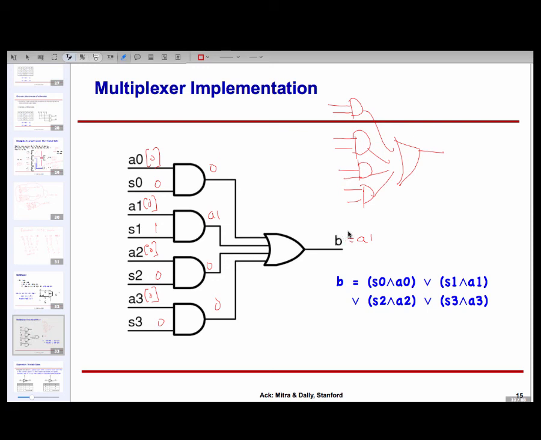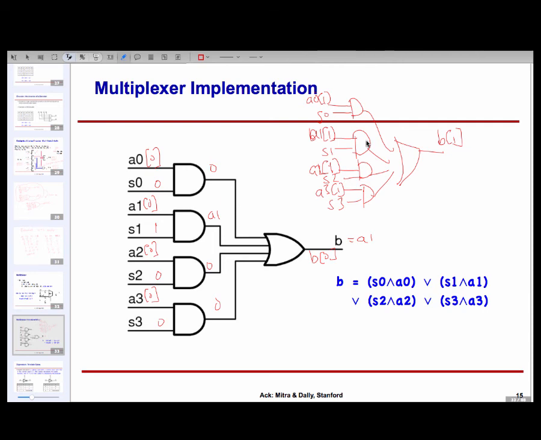And by the way, this will be called B of 0. I'll have a B of 1 out here. This I will call A01, A11, A21, and A31. But on this line, I will still have S0, S1, S2, S3. So it's not quite the same.